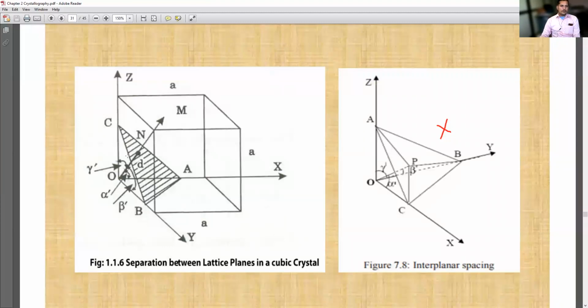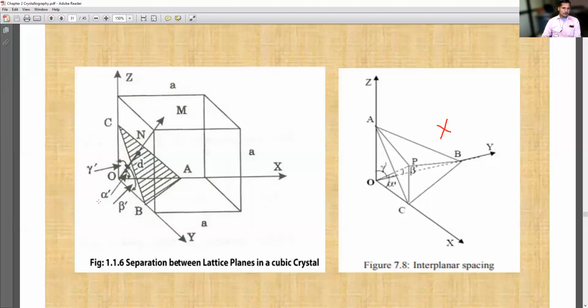Now listen carefully. We are defining some basic terms, then we go for the equations, and at last we get the result. So if you see carefully in this picture, a cube is there, that is the unit cell. In that we are defining different planes, and if you consider this plane, that is capital ABC, it is shown here on the x-axis, y-axis and z-axis. Intercepts are OA, OB and OC.